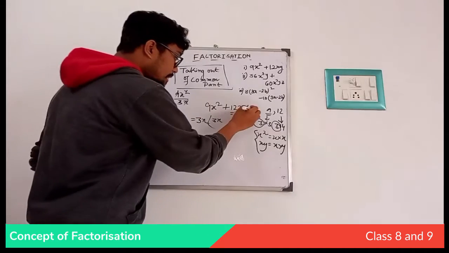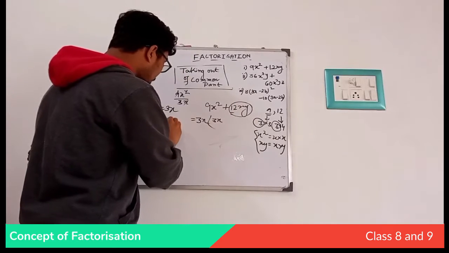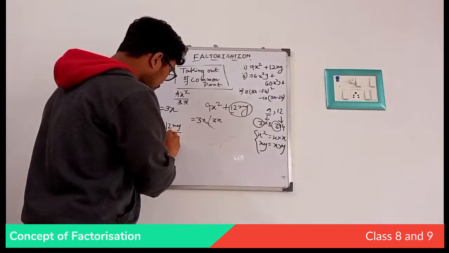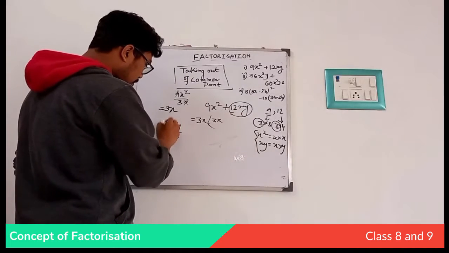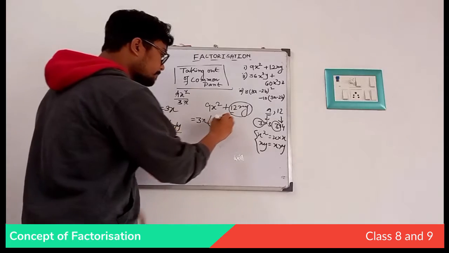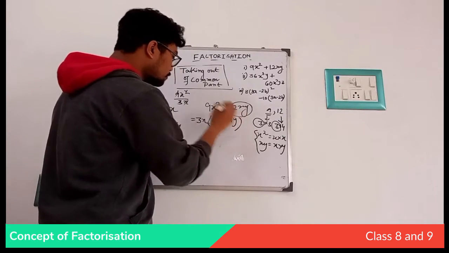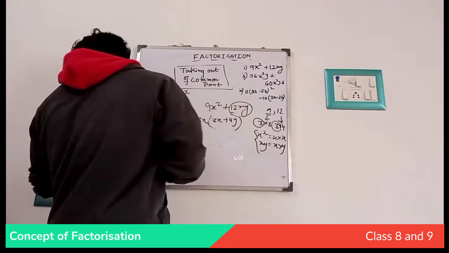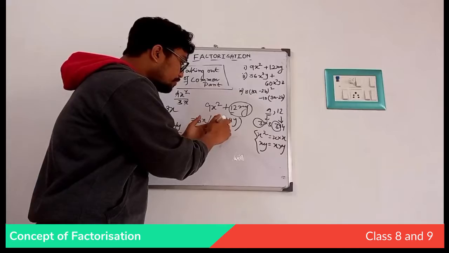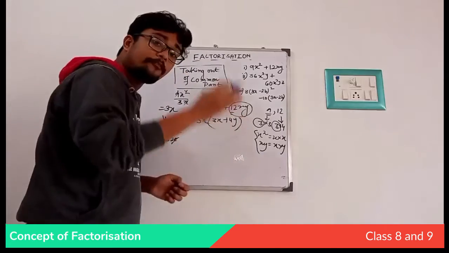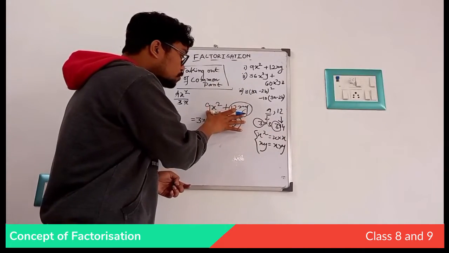And in 12xy, we have 4 into y. So finally, 3x into (3x plus 4y) is the factorization of 9x square plus 12xy.